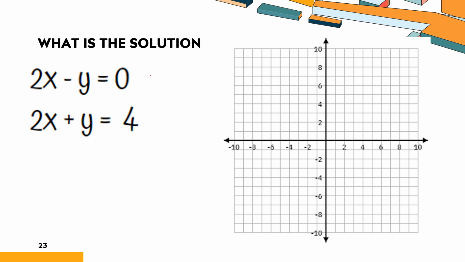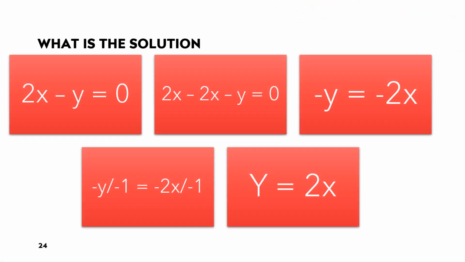I always like to put these in y-intercept form, because a lot of times if you did your x and y intercepts in some of the problems, they're not going to be good lattice points. But whenever you put it in slope-intercept, you always get a good point. Remember this from the previous lesson, but we're going to go ahead and solve for y.